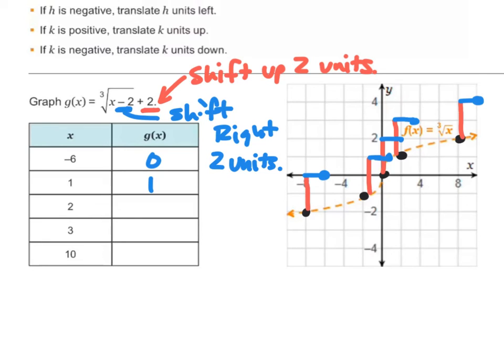If I plug in 2 here, I'm going to get a value of 2. If I plug in 3, I get a value of 3. And if I plug in a value of 10, it's going to give me a value of 4. So it's a little weird, but we're just moving these graphs up, down, left, and right is the idea.